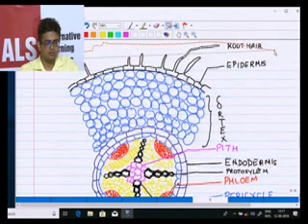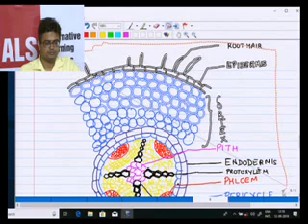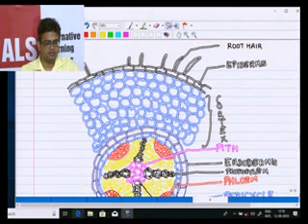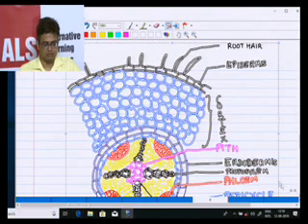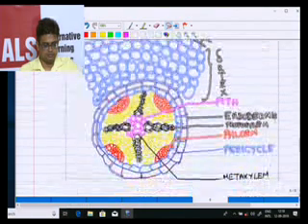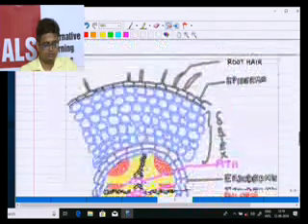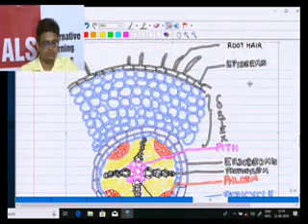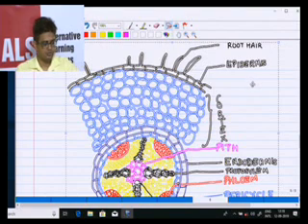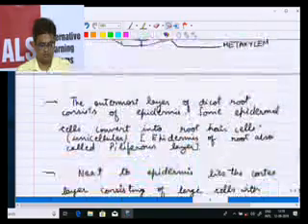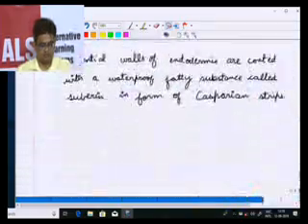I will have to copy this diagram completely. Okay. Yeah, so we have to copy this. Okay. Now just a second. I can show you this in the next.